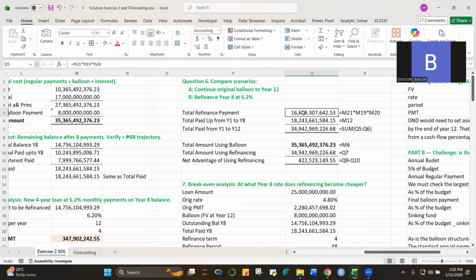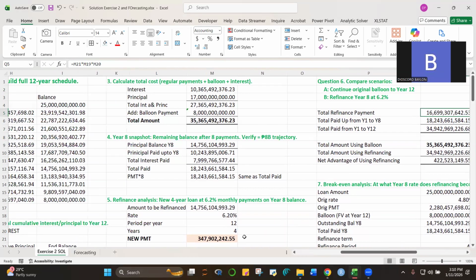This is from years 9, 10, 11, 12. But we will now compare this with the total 35 billion payment, so we have to add the payment that was already done from years 1 to 8. We have that figure already.